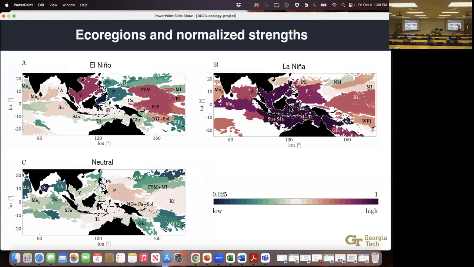Okay. What this is essentially telling you, because remember, the strength is telling you how much exchange we can have, is that you have completely different larvae that come to the same place, depending on which period of El Niño events you are in. And so essentially, the same reef, depending on the year, is going to receive larvae from very different places. So one year we receive them from the left, and maybe the next year we receive them from the southeast.